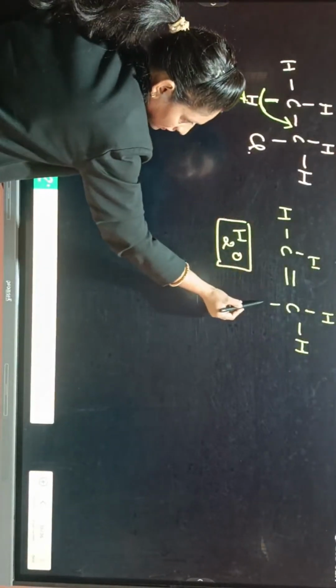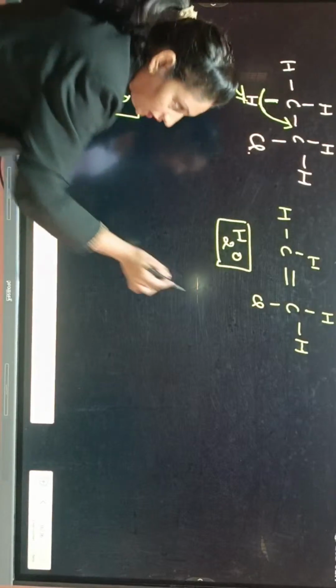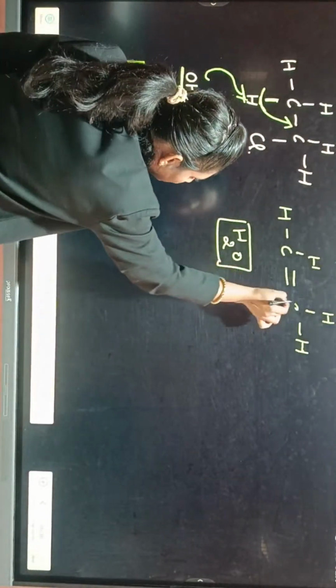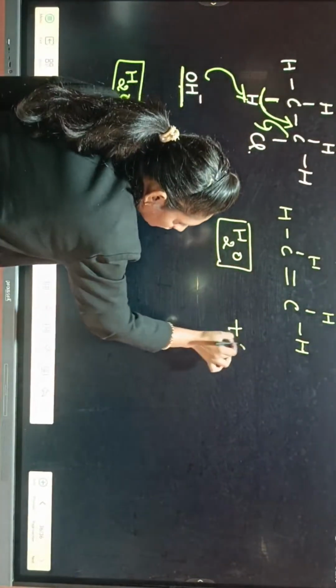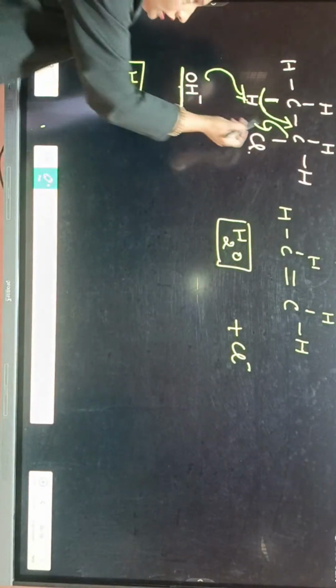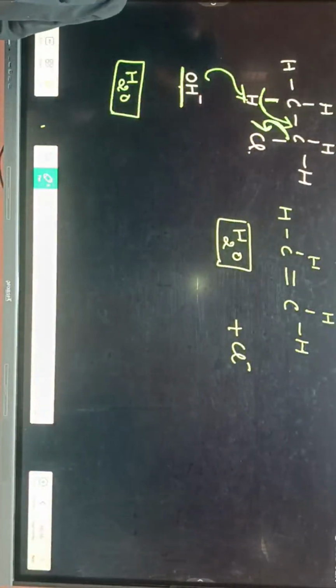If this Cl is more negative, it can take the electrons of this bond, and it can be removed. Clear or not? After gaining electrons of this bond.